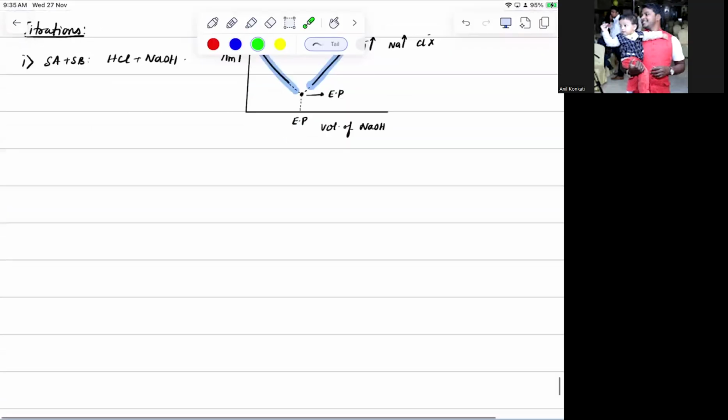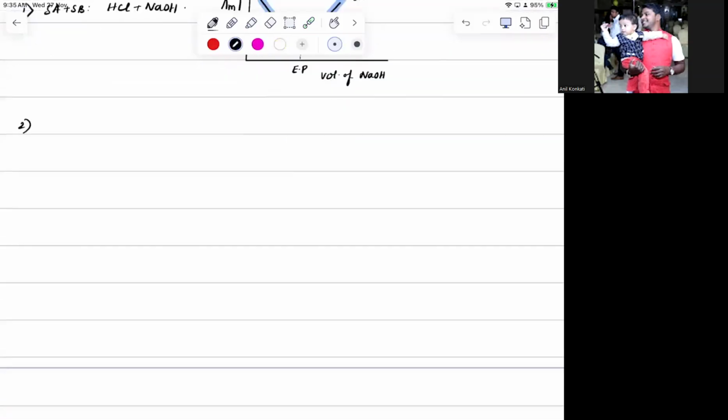Got it? The second titration is about weak acid and strong base, something as simple as CH3COOH titrated with NaOH.